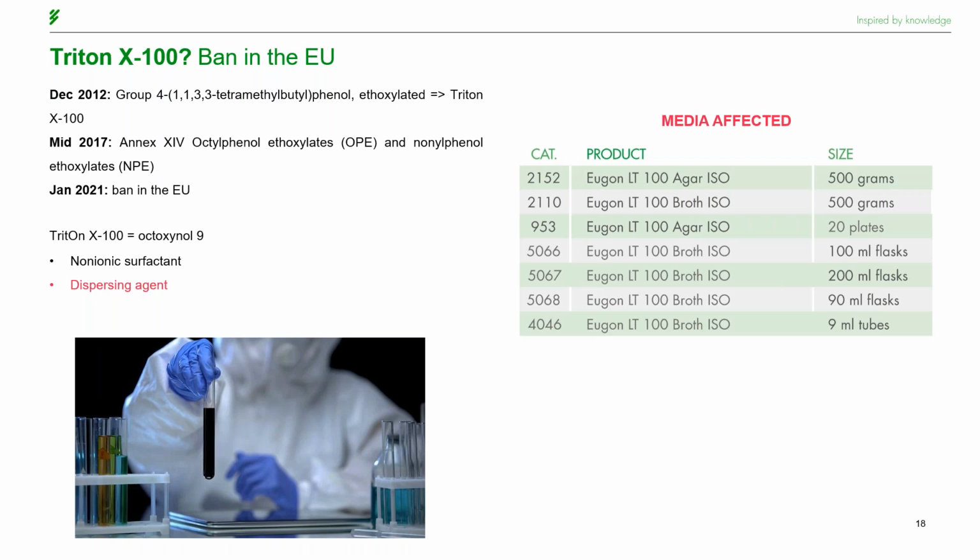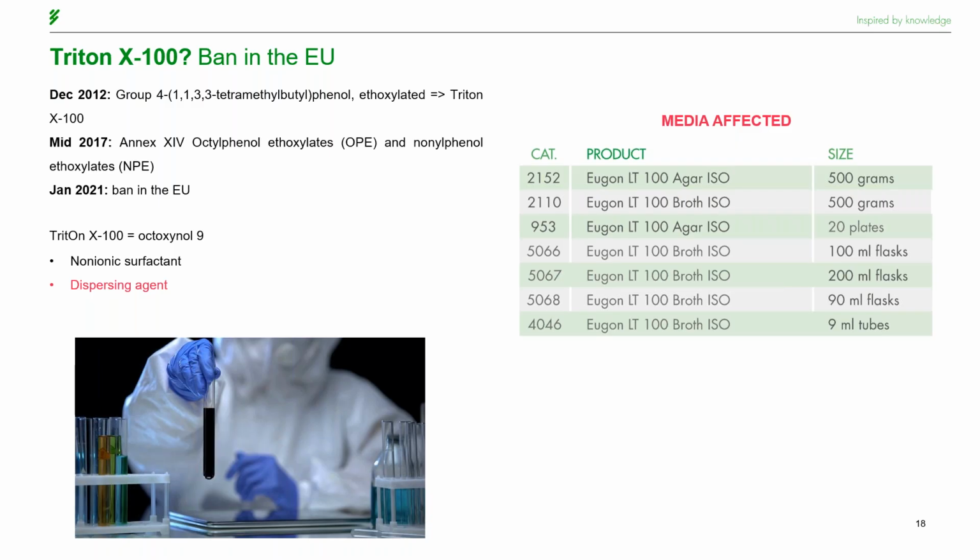And 5 years later, the octylphenol and nonylphenol ethoxylates were included in Annex 14 of REACH, indicating the substances requiring authorization for use, which also includes the Triton X 100. In other words, its general use in the European Union has been banned.